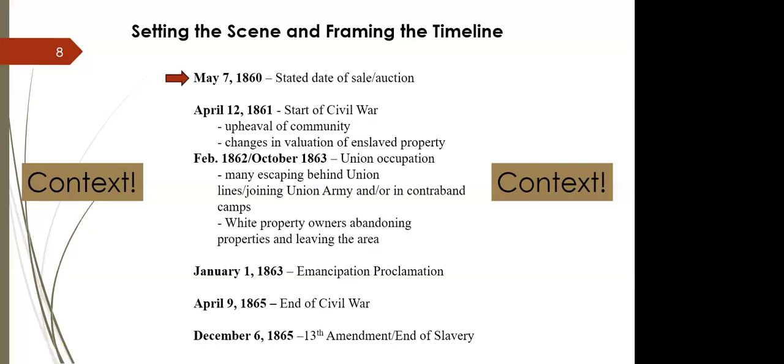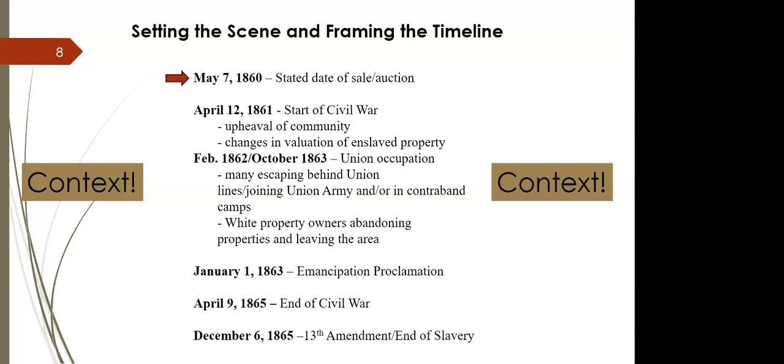I can tell you that there was a complete upheaval of this community in northeastern North Carolina, partially because of its location to so many waterways, and also because of its proximity to Fort Monroe, Virginia, and areas that were open to contraband, which were enslaved people who took their freedom in their own hands and self-emancipated.